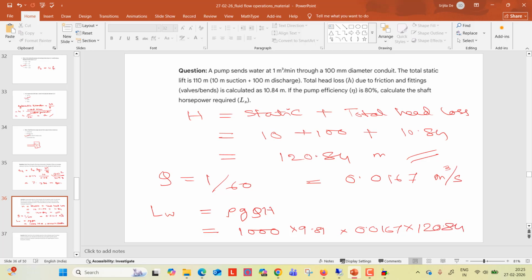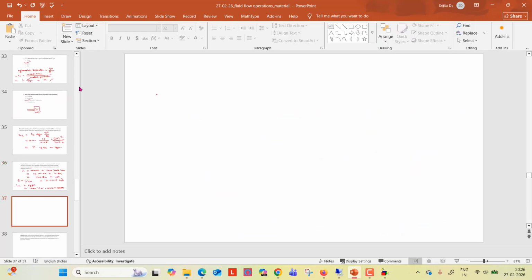So LW after calculation is coming as 19796.85. That is power, right? So this is in watt.